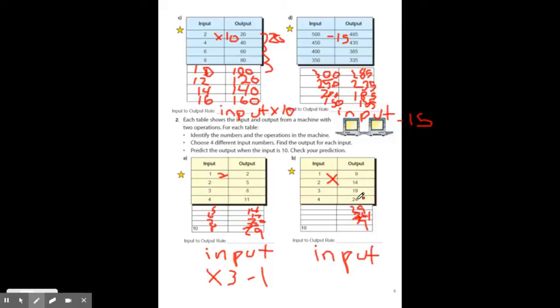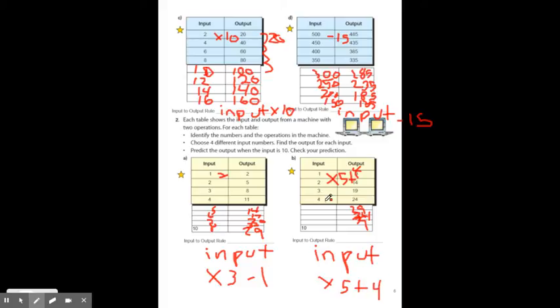This output one we said was going up by 5, so that means let's try times 5 first. Well, 1 times 5 is only 5. So what would I do to get to 9? Well, 5 plus 4 would give me 9. So it's input times 5 plus 4.